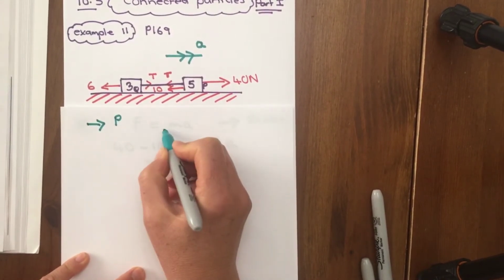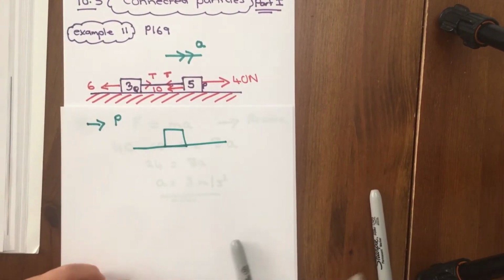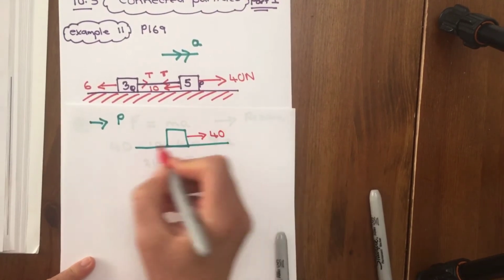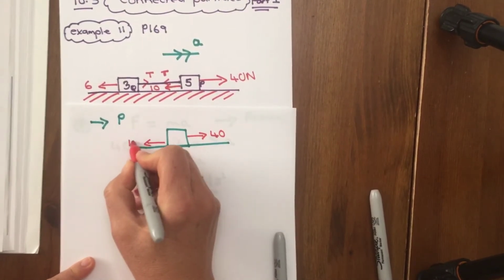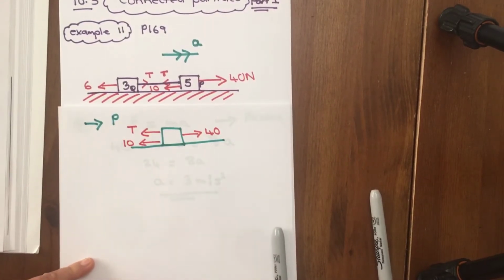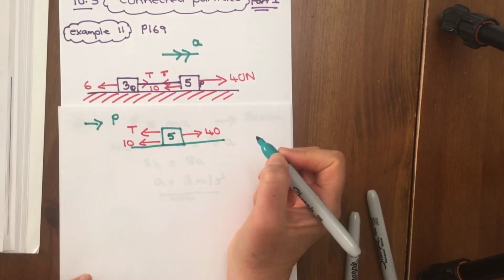So I'm just going to draw this diagram again. I've got 40 newtons this way, I've got my friction of 10 newtons, I've got my tension of T, and I've got my mass of 5 kilograms.